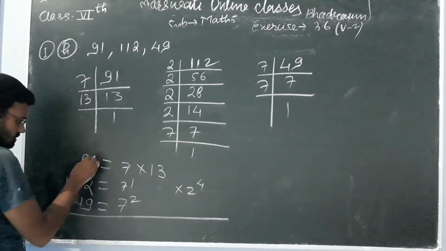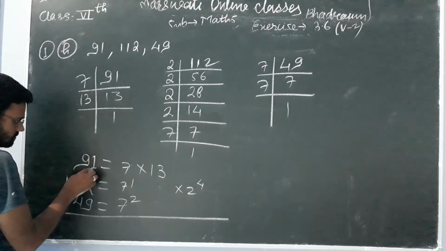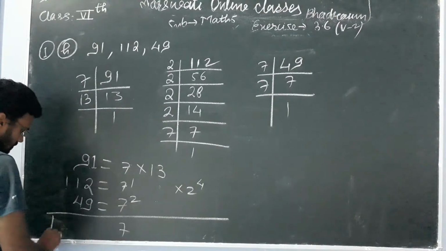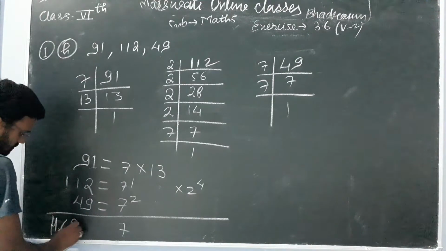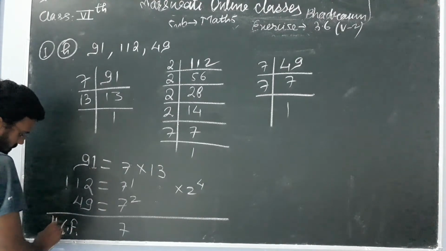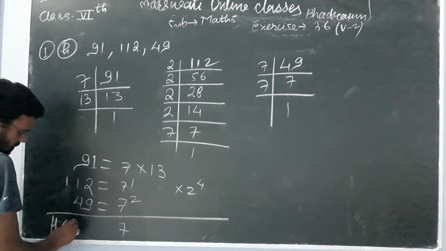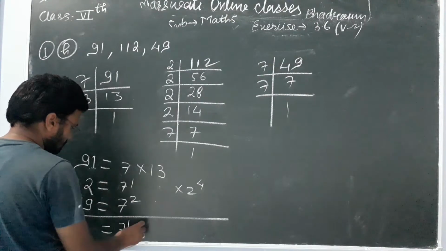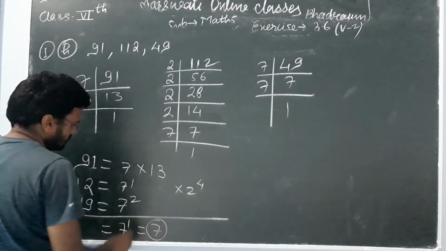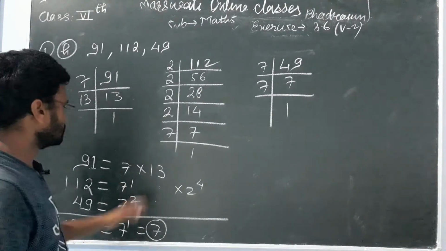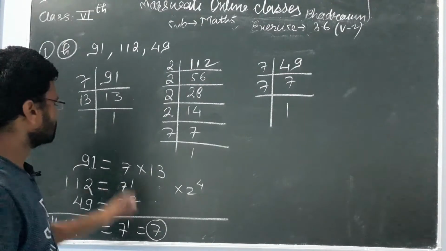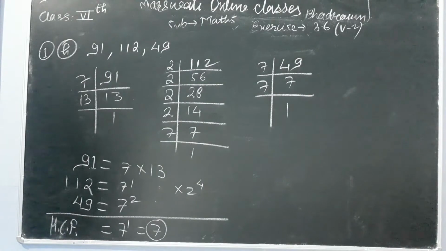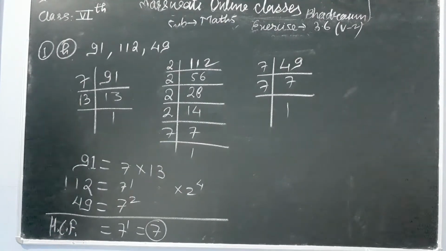Now, 7 is common among all, so our HCF is 7 to the power 1. Okay, hence our HCF is 7 only. Got it? Because only 7 is common, no other number is common that we will multiply 7 with. Okay, this is our question number first and part H.